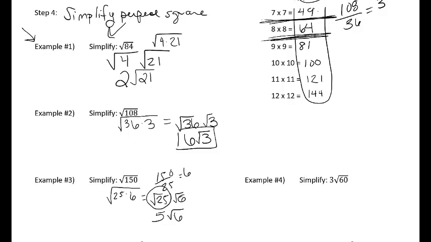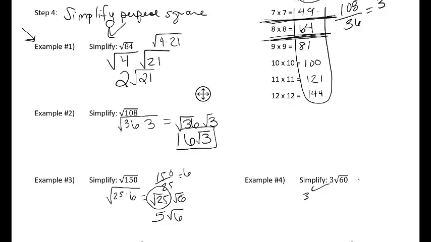For number 4, 3 times radical 60, I want you just to ignore the 3 for a second and work on radical 60. So radical 60, perfect square, half is 30, so that leaves 25, which doesn't go in. Then comes 16 if we're working backwards.